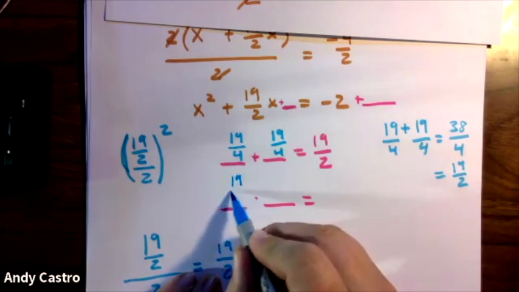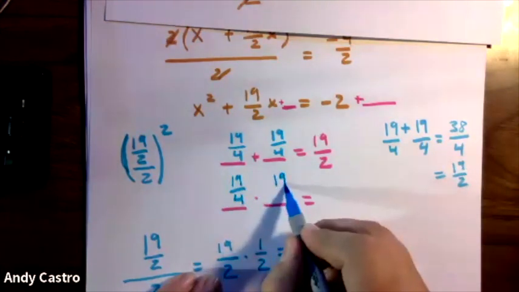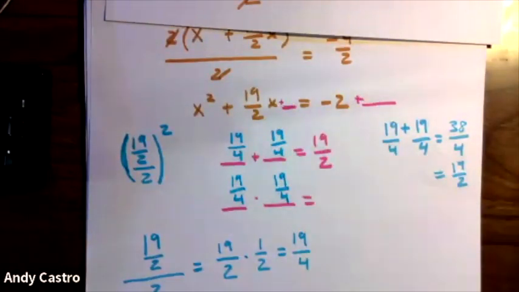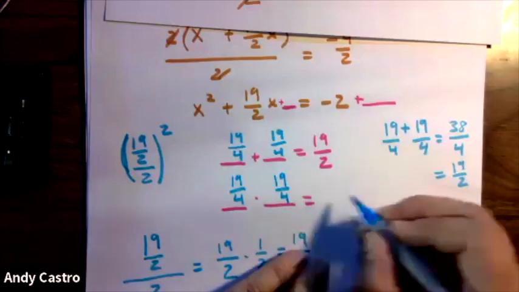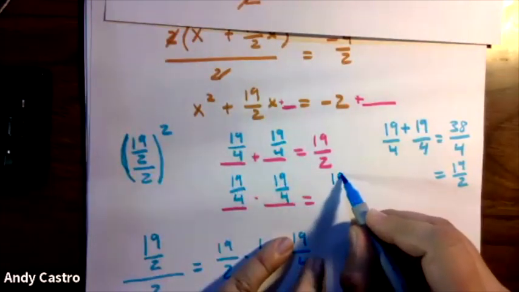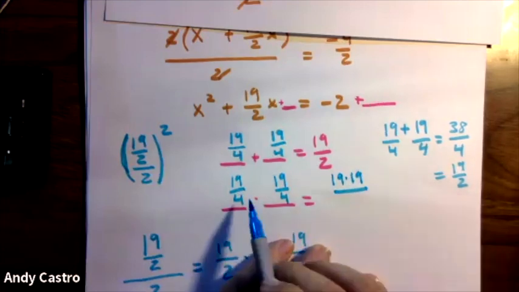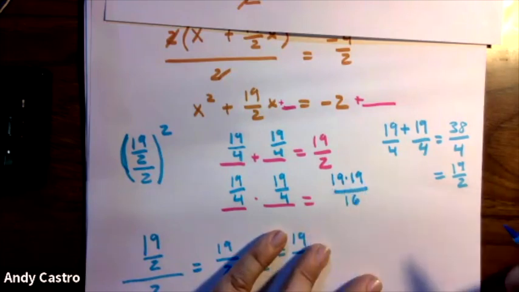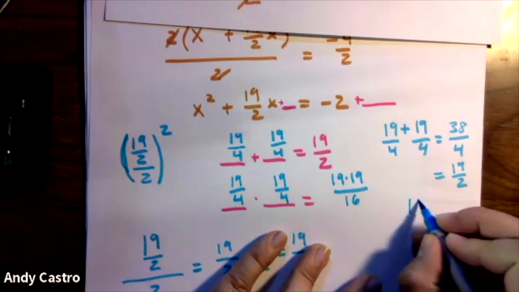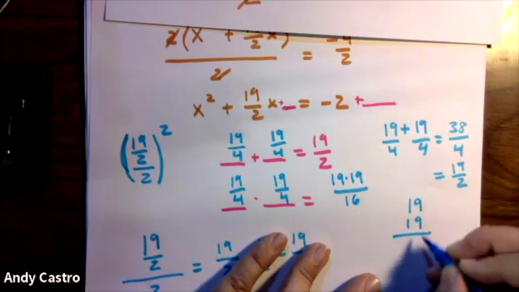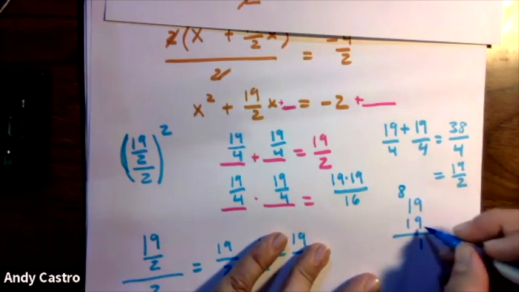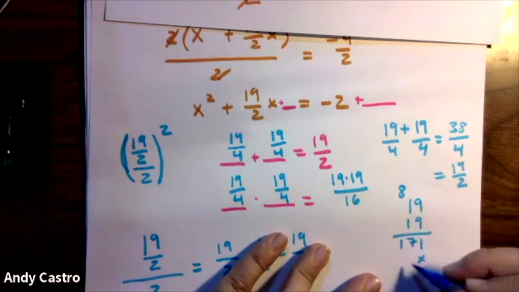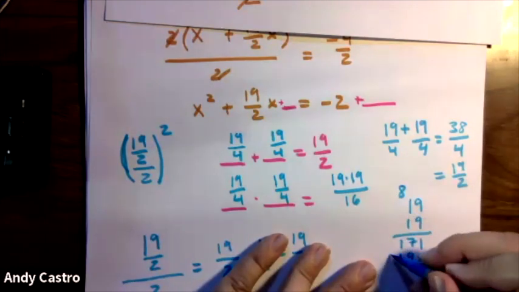So I want to do 19 over 4 times 19 over 4 in order to give me the number that's going to go right here and here. All right. So for that, I need to multiply across the top, 19 times 19, divided by, multiply across the bottom, 4 times 4 is 16. So now I just need to find out what 19 times 19 is. I'm going to do that off to the side here. 9 times 9 is 81. 9 plus 8 is 17. 1 times 9 is 9. 1 times 1 is 1.